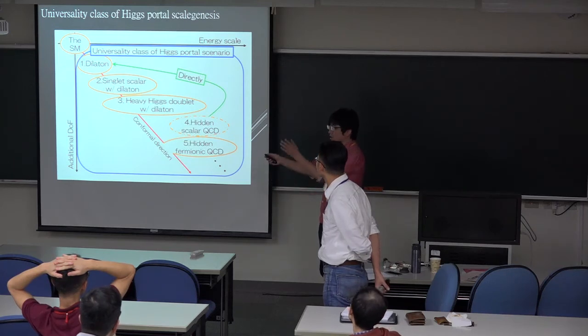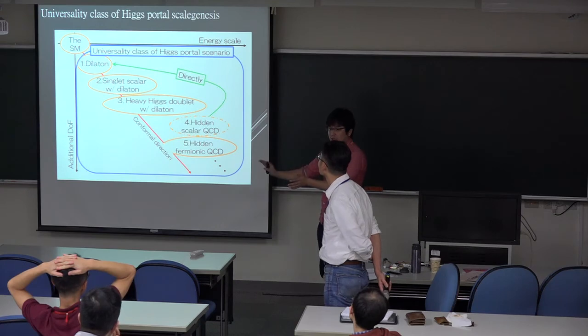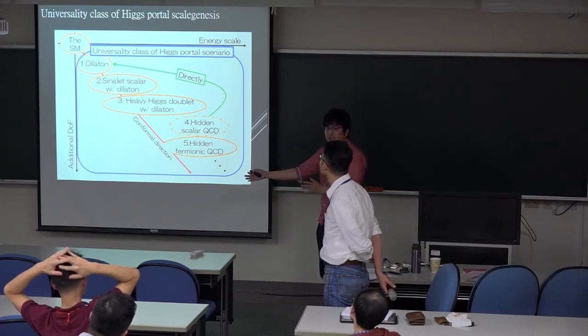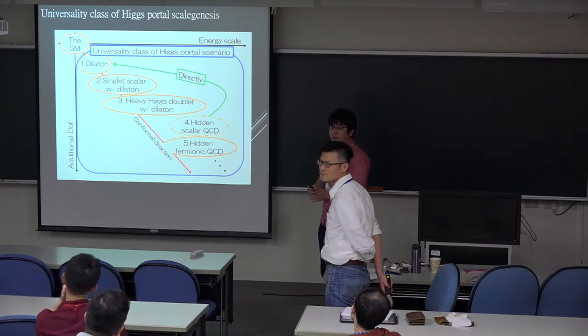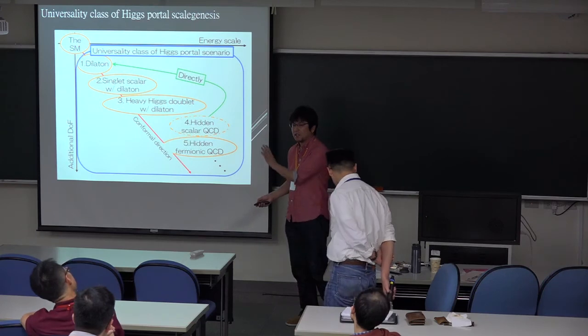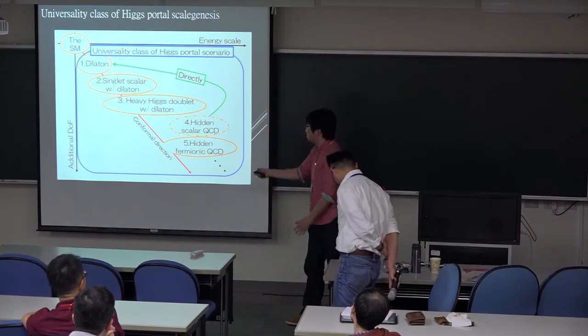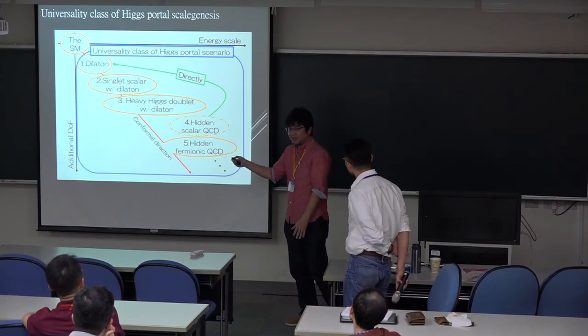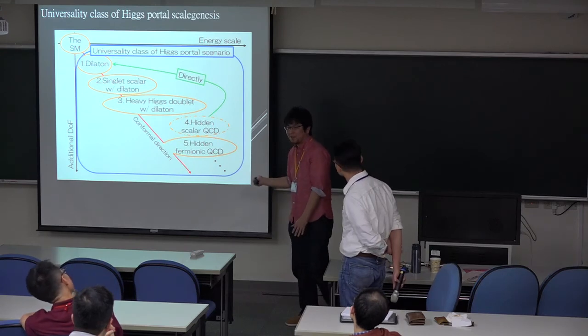But the light dilaton can give you some experimental signature. But only this hidden ferromagnetic QCD has another signature from the pions. So once we find that kind of signal, those other models must be killed, and our model could survive.